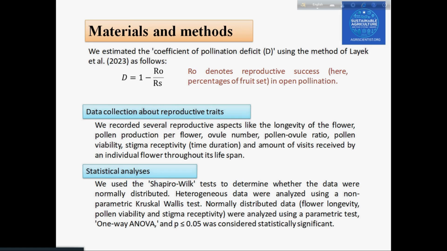For normality test, we conducted Shapiro-Wilk test. For heterogeneous data, we used the non-parametric Kruskal-Wallis test, and for normally distributed data we used one-way ANOVA.